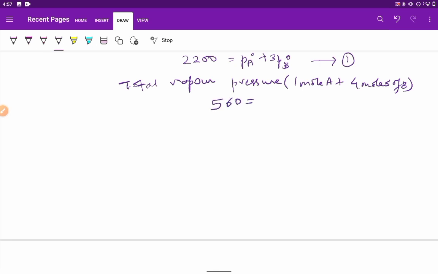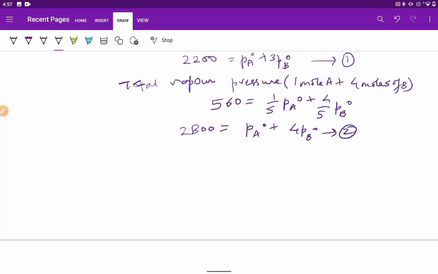That is equal to, now total moles is 5, 1 mole is of A, so 1 by 5 PA naught plus 4 by 5 PB naught. So taking 5 common and shifting to the other side, we get 2800 is equal to PA naught plus 4 PB naught. Let this be equation number 2.